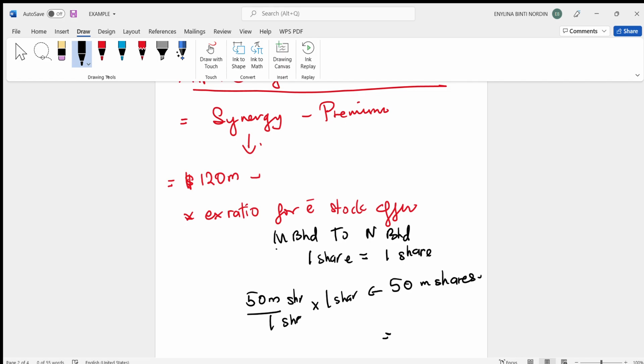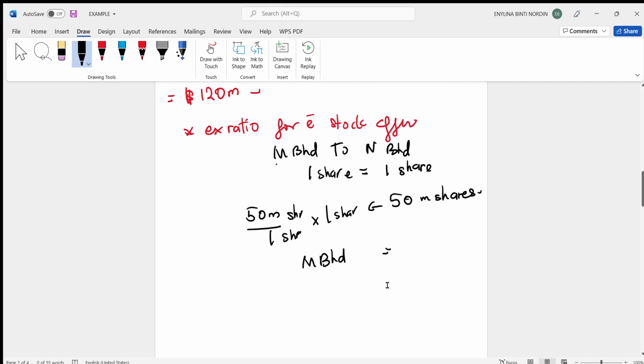So that means the acquirer should offer 50 million shares to the target. This is the exchange ratio.